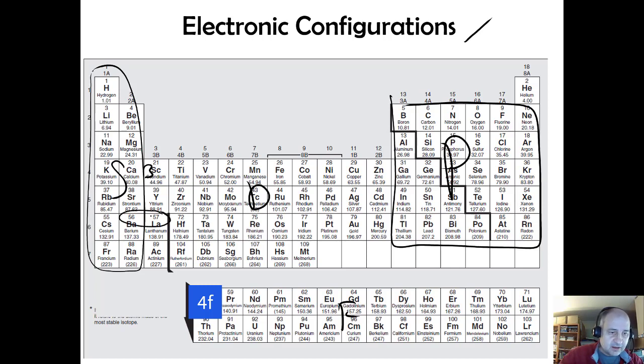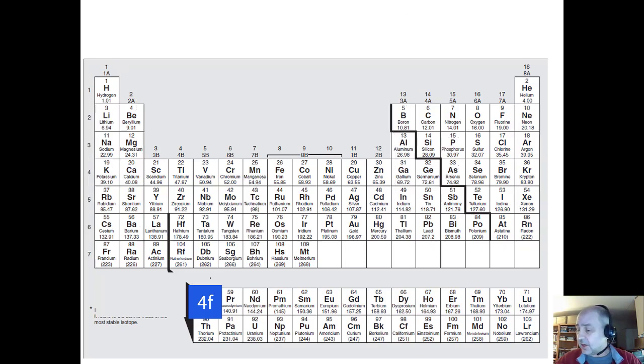You realize that after 57 we have this gap, so that means we've got to come down here. And you can do electronic configurations of anything on the periodic table. But obviously we're not just going to follow Aufbau, which is the order in which the electrons fill. We're going to look at the ground state, and that's really the important part. We're going to look at elements in their ground state, not the way they fill the orbitals.